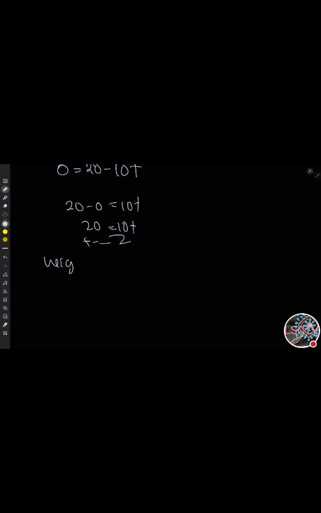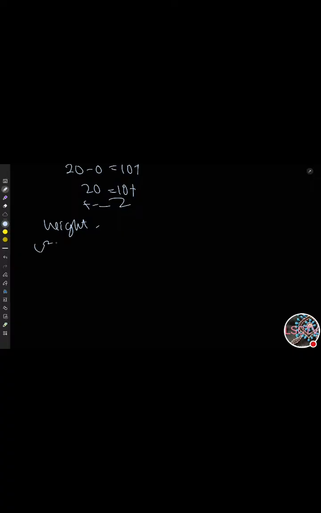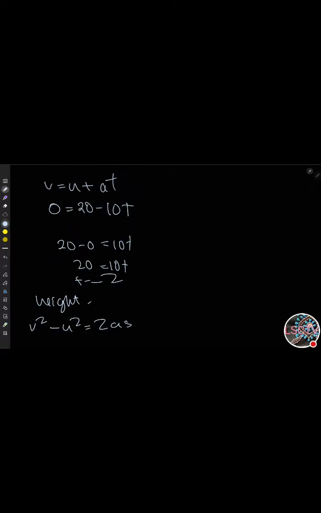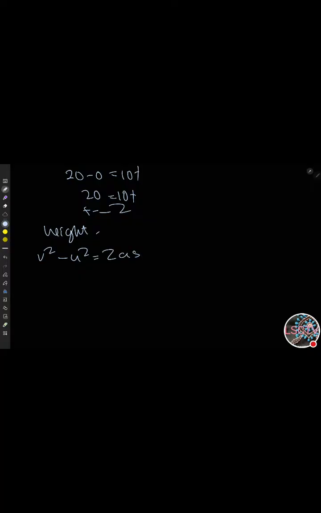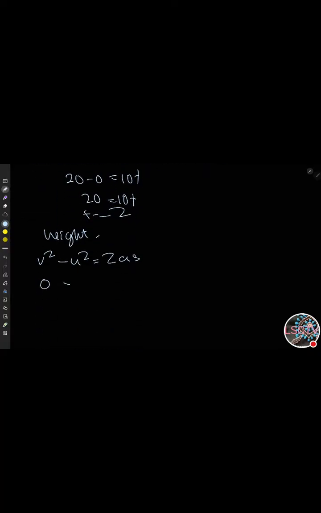Find the height. They ask you. How much is the height? Basically, you use v square minus u square equals 2as. v square minus u square. What is v? 0. 0 minus u, what is u? 20. Minus 400 is equal to 2as.